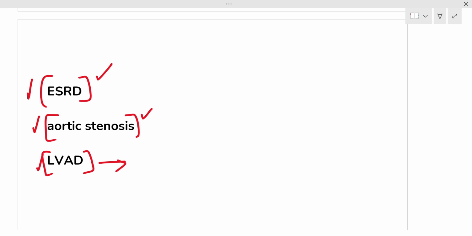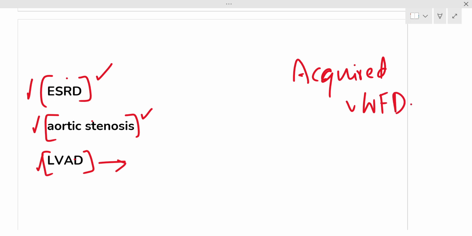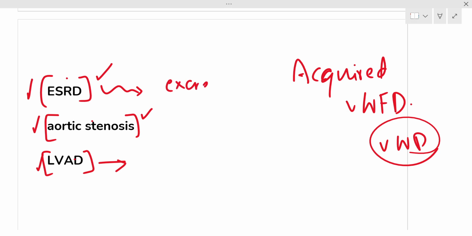Now, what I like to think of these three as, acquired von Willebrand factor disease, right? Now, what happens in ESRD is that there is going to be excretion of ADAMTS13.